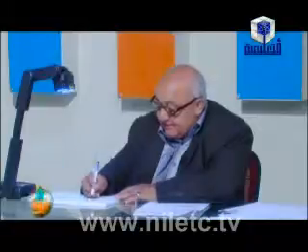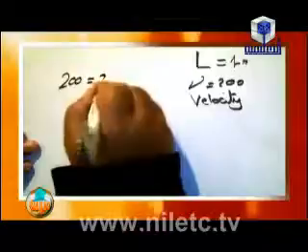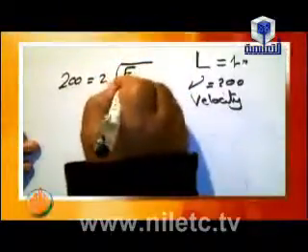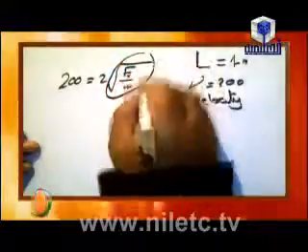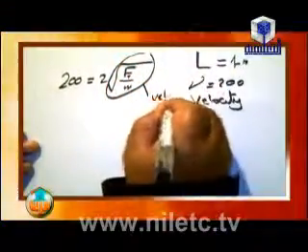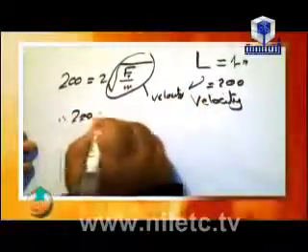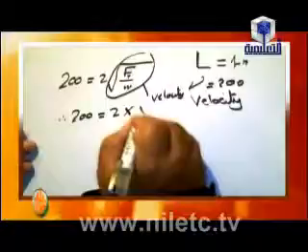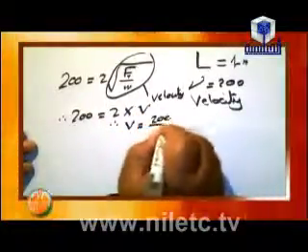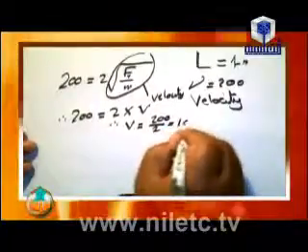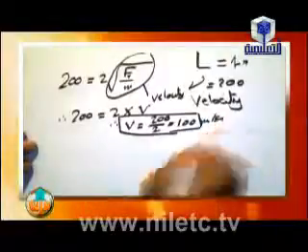First, the equation is 200 equals 2 root ft over m. Root ft over m represents the velocity. Then 200 equals 2 times v, then v equals 200 over 2 equals 100 meters per second. This is the velocity.